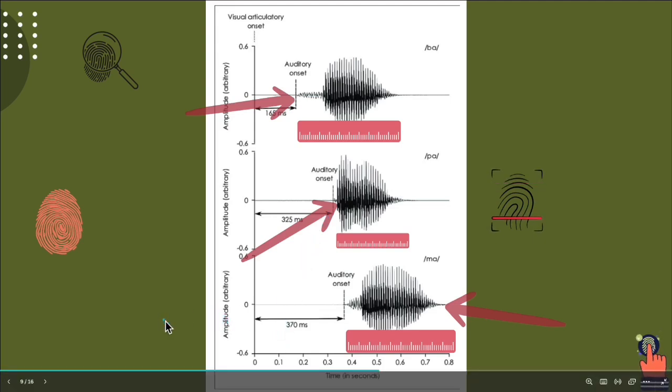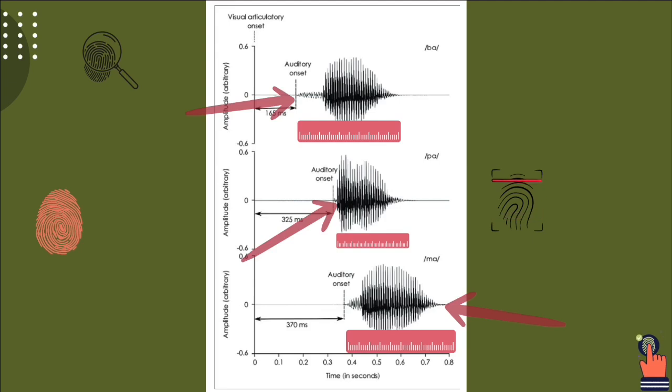Now, for this sound, for m, the sound also starts immediately because m is voiced. But the waveform is different because the sound is produced through the nose, giving it a unique shape and a slightly longer delay compared to the sound b.